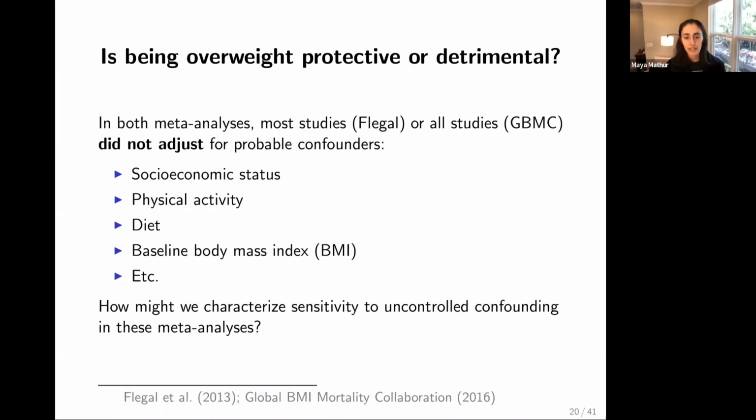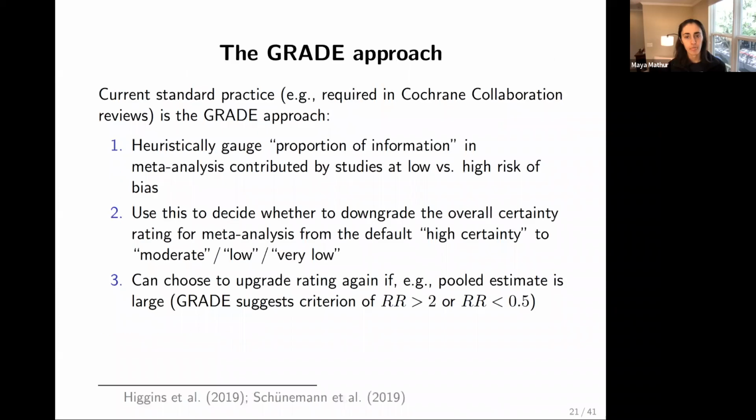So given this, how might we characterize sensitivity to uncontrolled confounding in these meta-analyses? One important component of current standard practice, for example, as required in Cochrane reviews, is the GRADE approach.